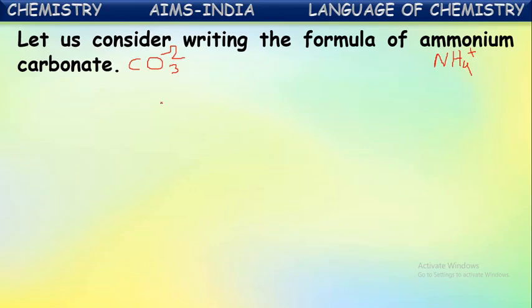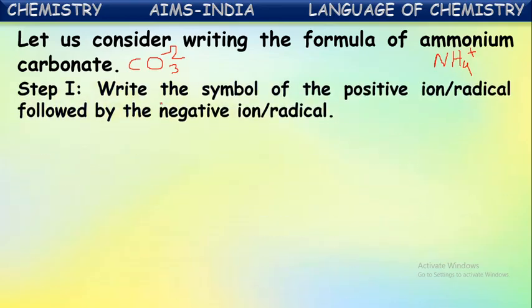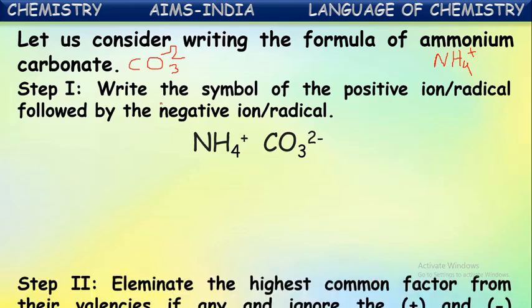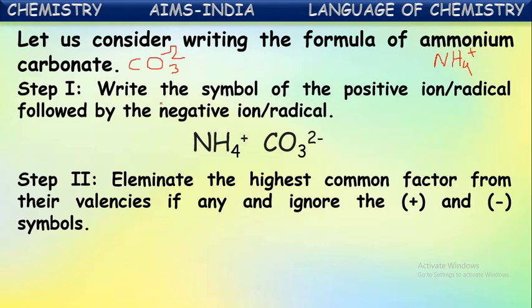Now let us try to write the molecular formula of the compound ammonium carbonate. What is the first step? First we write the positive ion or radical followed by the negative ion or radical. Now we get NH4 plus and then CO3 minus 2. Second step, eliminate the highest common factor from their valencies if there is any and ignore the symbols.